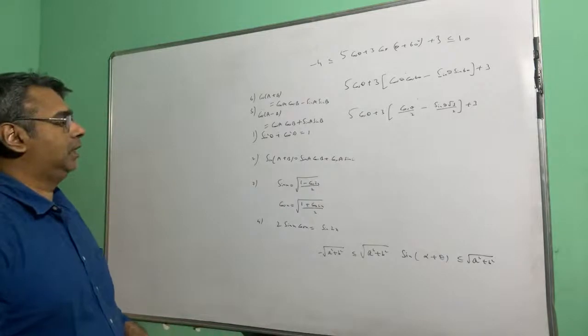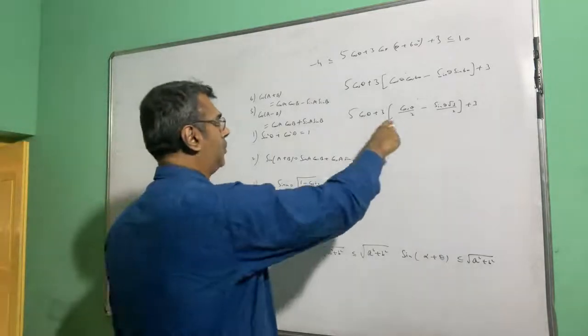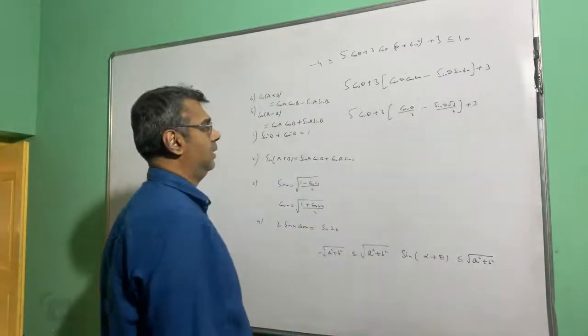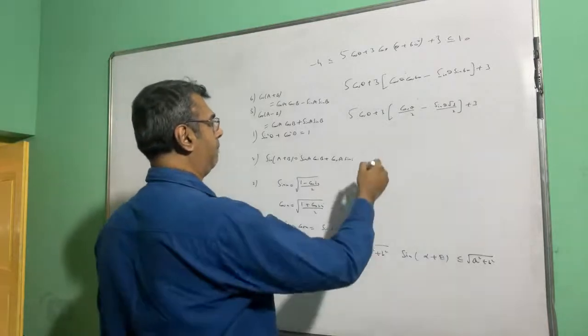So 5 cos theta plus 3 into (cos theta by 2 minus sin theta root 3 by 2).